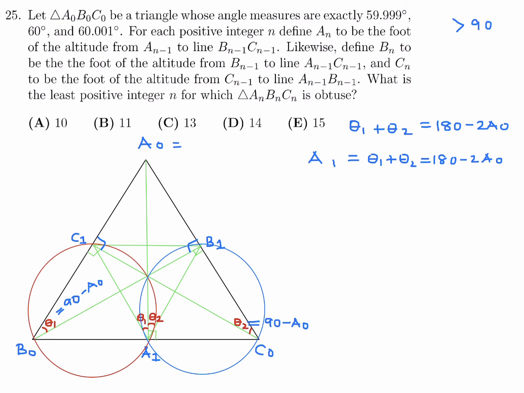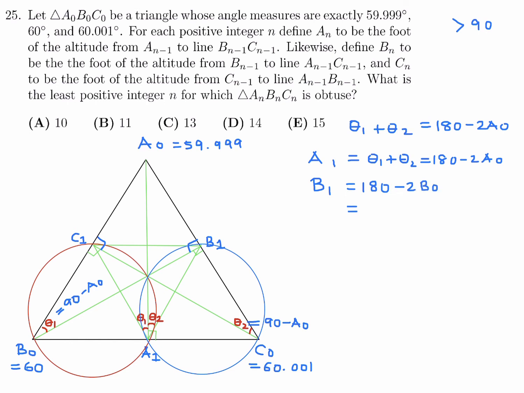A0 I will call 59.999. B0 I guess I can just call 60. And then C0, I can call the other one 60.001, like that. Okay, so in a very similar way, B1 would be 180 minus 2B0.